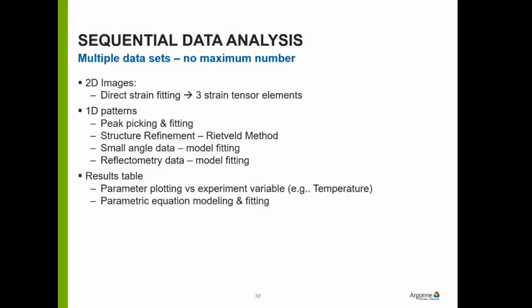And the same thing with reflectometry. The results from all these things are plotted or put into a table, and you can plot any of the columns of the table. So a column might be some parameter that varies with respect to, say, temperature. So you can plot that variable versus temperature and see how it varies.